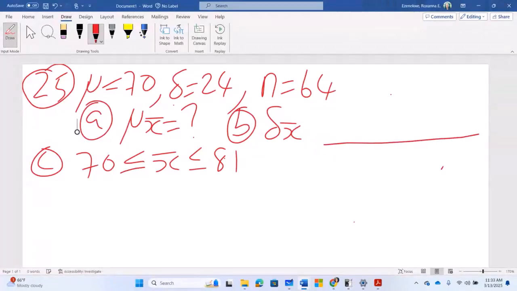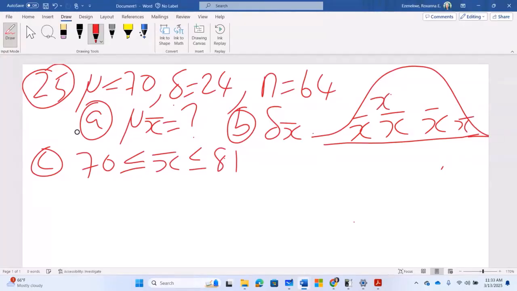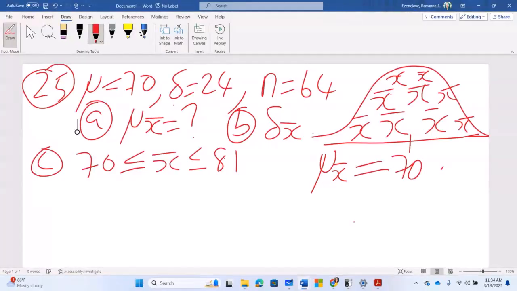By the way, this normal curve is a density curve made with sample means. That's why it's called the distribution of sample means. The mean of this distribution of sample means is 70, because it is the same as the mean of the original data, so mu x bar is equal to 70.